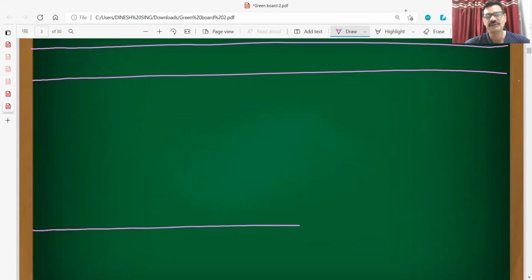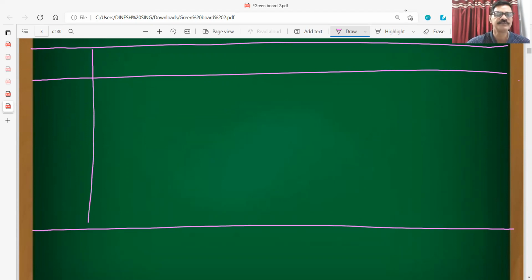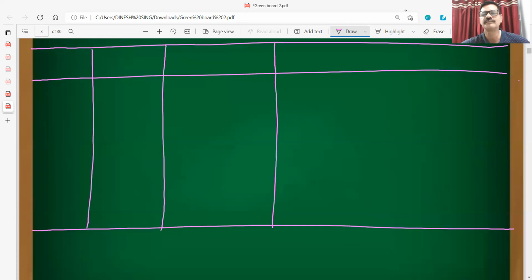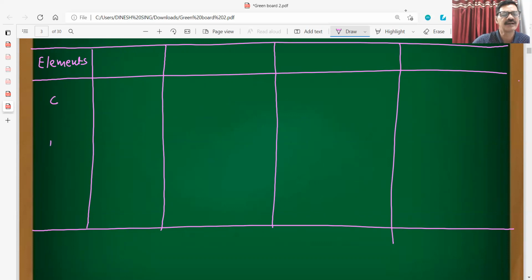This is the first column, second column, third column, fourth column, and fifth column. Here we can take the elements like carbon, hydrogen, oxygen.